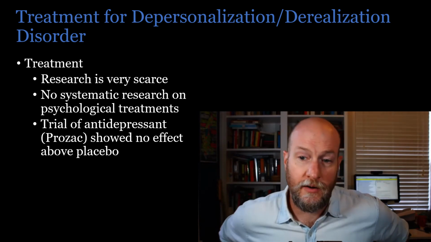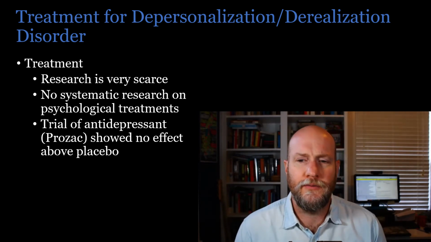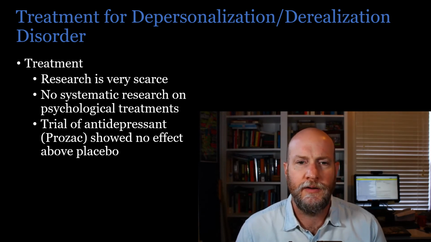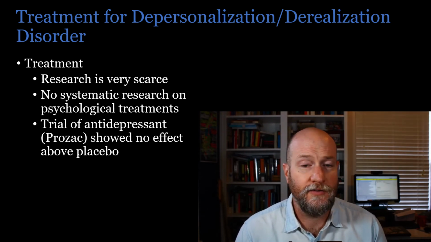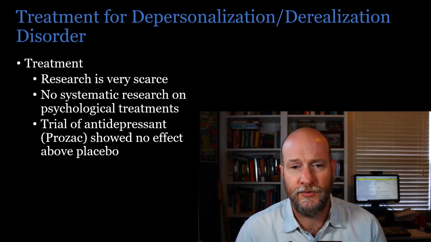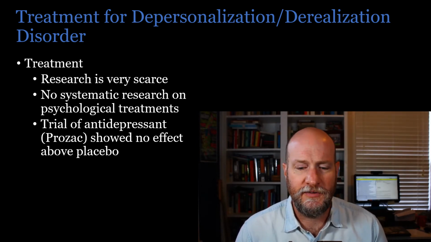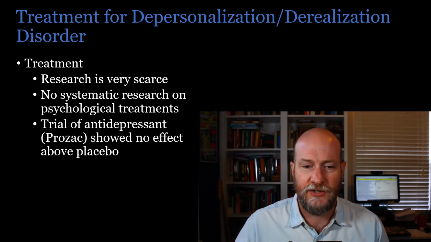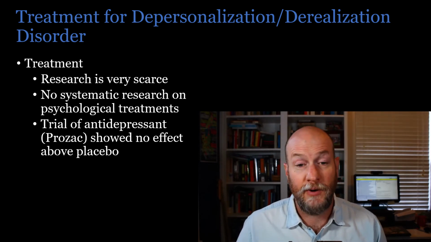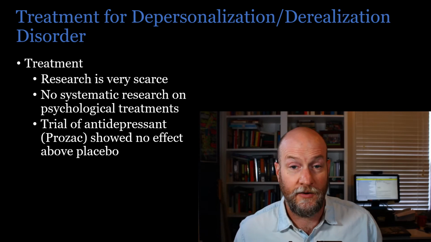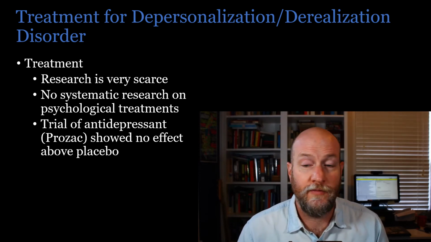Because it's so rare, and because it is a very difficult disorder to get a handle on, research is very scarce. There's really not a lot of systematic research on psychological treatments for this disorder. Some attempts to utilize traditional medications like antidepressants, like Prozac, these SSRIs, have shown no effect compared to placebo.